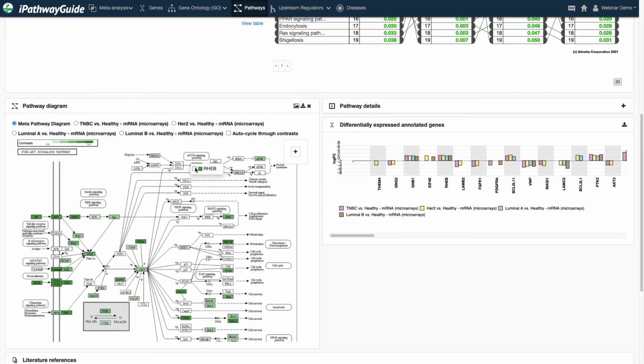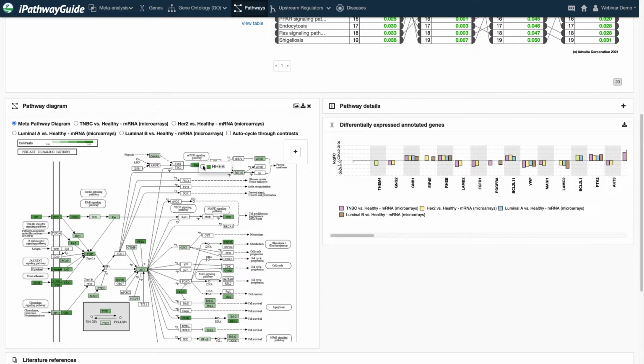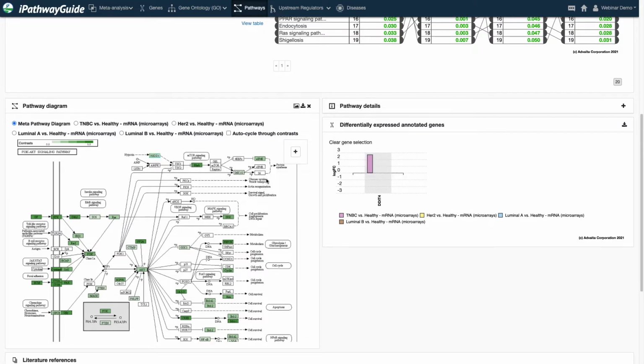So for example, RHEB is this gene right here, and you can see that it is differentially expressed in all 4 contrasts. But this one, on the other hand, is only differentially expressed in 1, and it has a much lighter color to it.